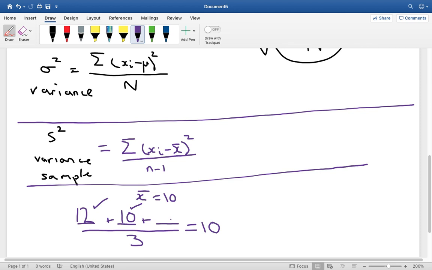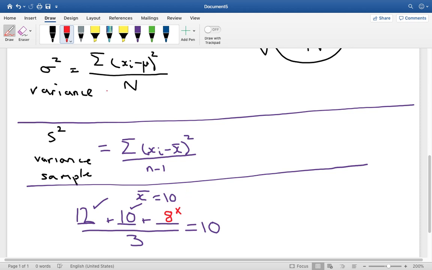But this figure is not free to choose because these guys have to average out to 10. I already got 12 plus 10 is 22. This last figure, whether I want to or not, it has to be 8. I'm confined. I have no freedom in choosing that. If it was anything other than 8, it wouldn't average out to 10.